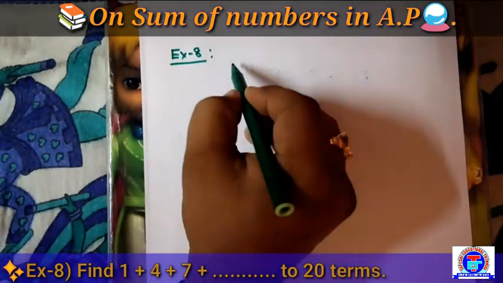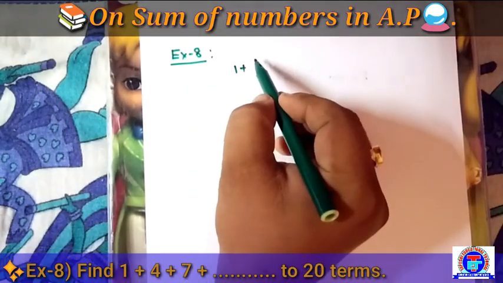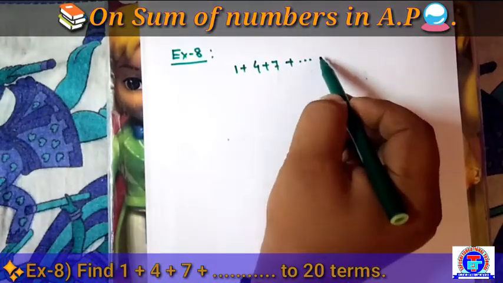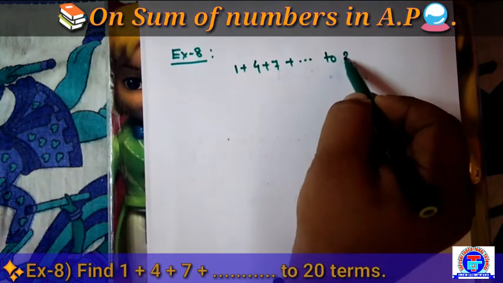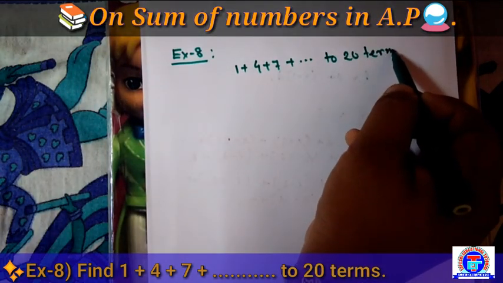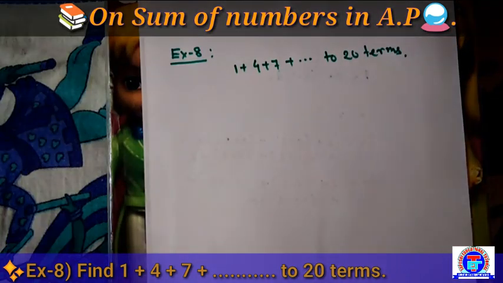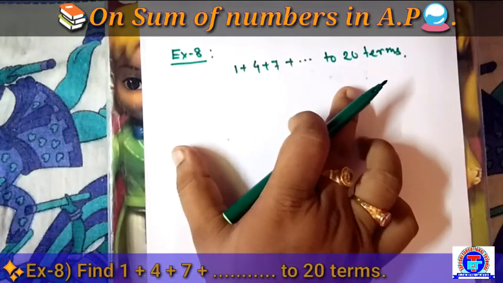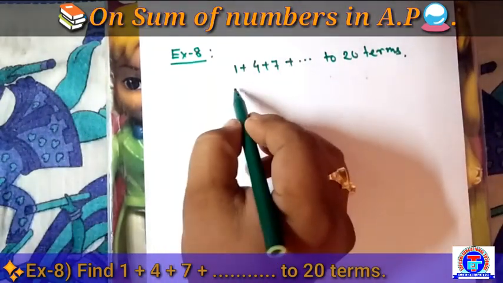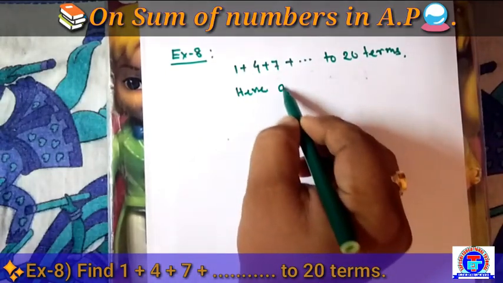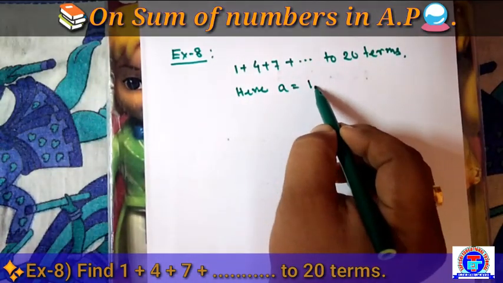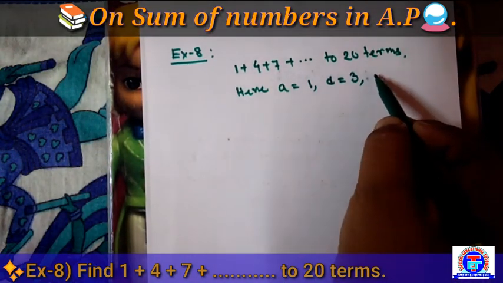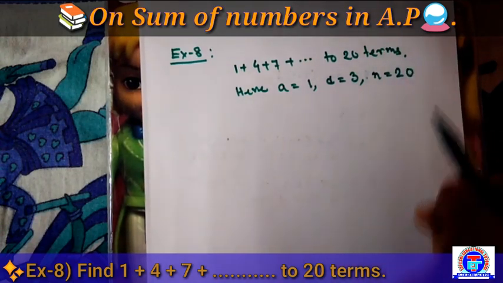So he has given 1 plus 4 plus 7 plus ... to 20 terms, right? Now the solution regarding this problem, here we can write a is equal to 1, d is equal to 3 and n is equal to 20.